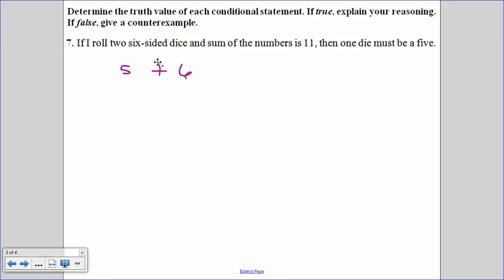And I mean, there are other ways to get 11, like 8 and 3 and 7 and 4. But when you only have digits 1 through 6, 5 and 6 are the only ones. So that is a true statement.